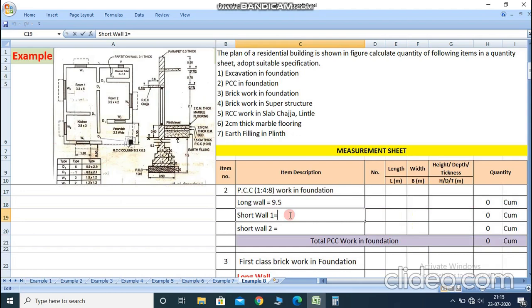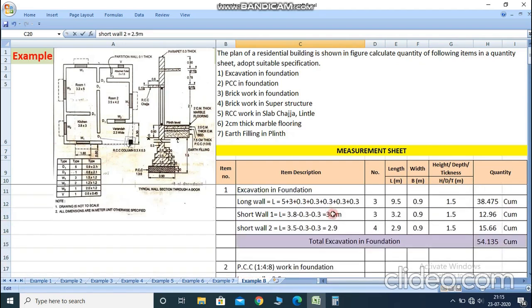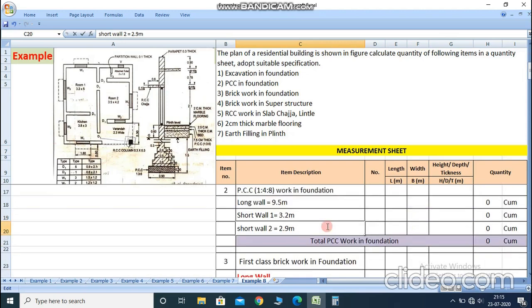Similarly for the short wall, the length already calculated is 3.2 meter. Similarly for the short wall, 2.9 meter. So these 3 things are already calculated in the excavation in a foundation. So for the second time we are not required to calculate, so directly we put the value.